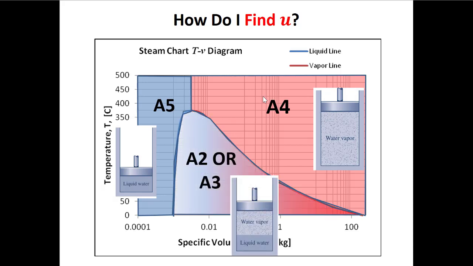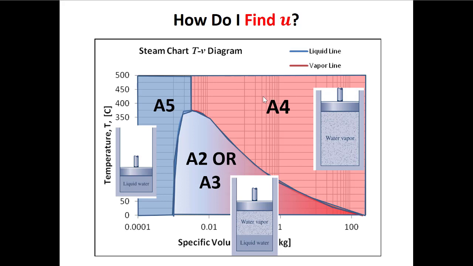Now, I may be in the case where there's some phase change happening. So I have some liquid water and some vapor, right? Both of those two phases exist at whatever saturation temperature is associated with whatever pressure the material is at. So it's some combination of water and water vapor at that particular saturation point. And if I know the quality, or if I can figure out the quality, then I can determine all the properties that I want using table A2 or A3.